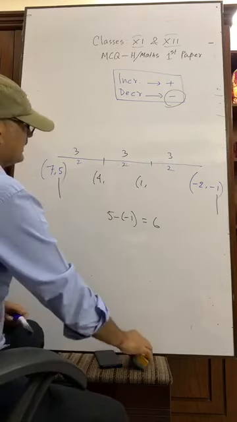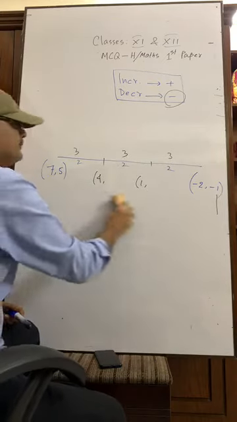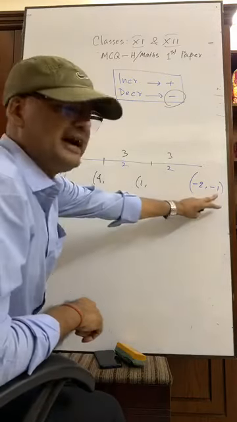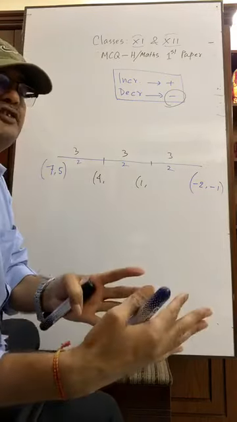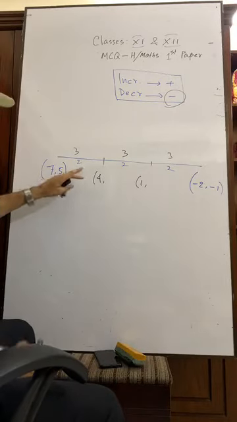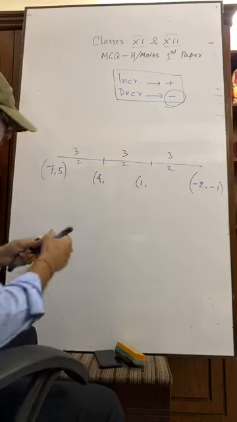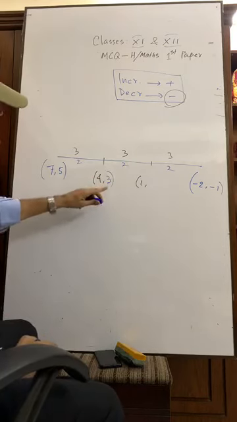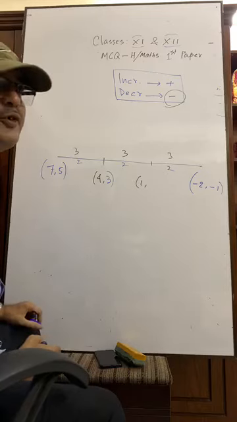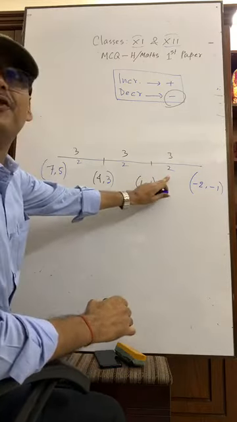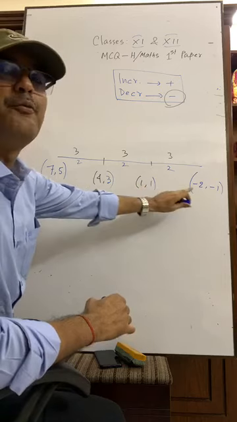Similarly, like the previous one, for x it is decreasing. From 5 I have gone to minus 1, my position has been changed. So 5 minus 2 equals 3. 3 minus 2 equals 1. 1 minus 2 equals minus 1.